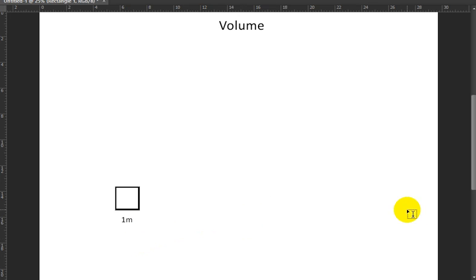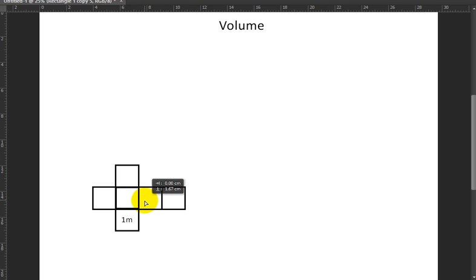Okay, well, look what's going to happen now. I'm going to make another box, and then another box, and then another box, then one more, and one more.